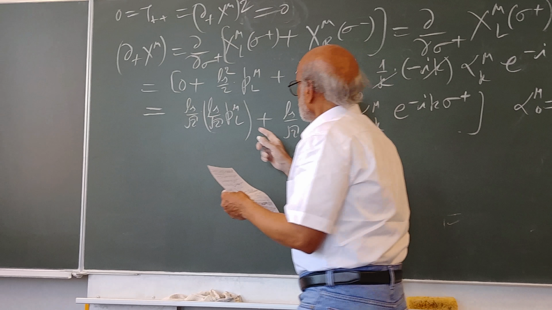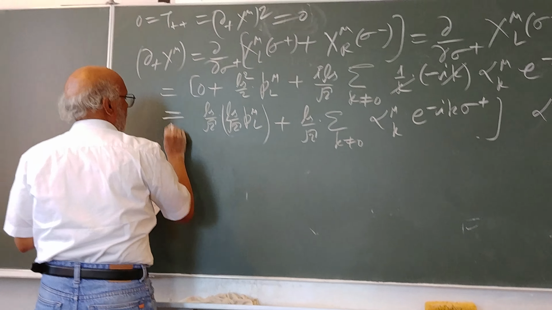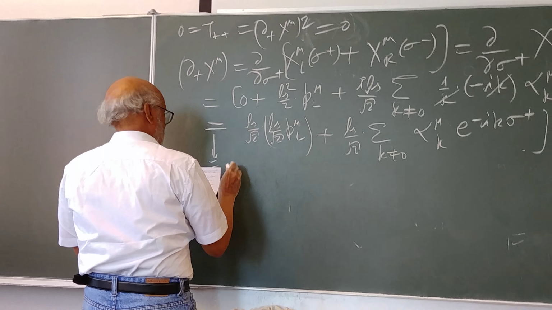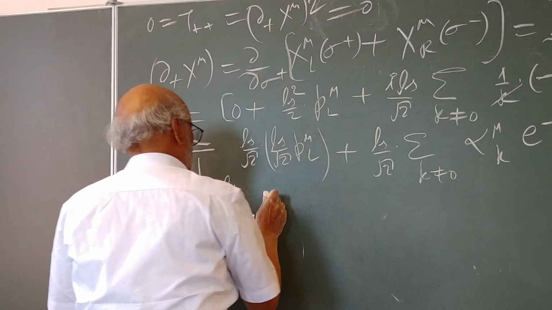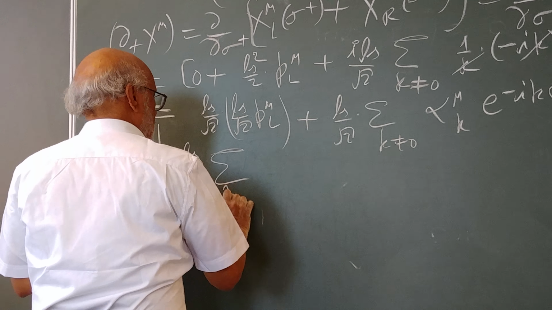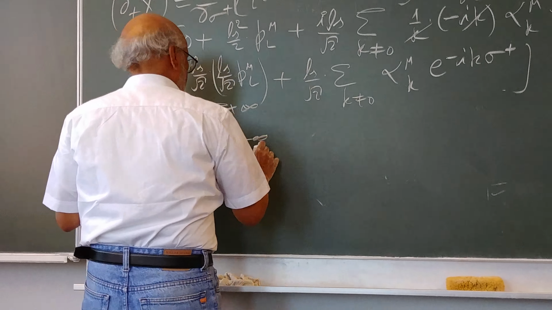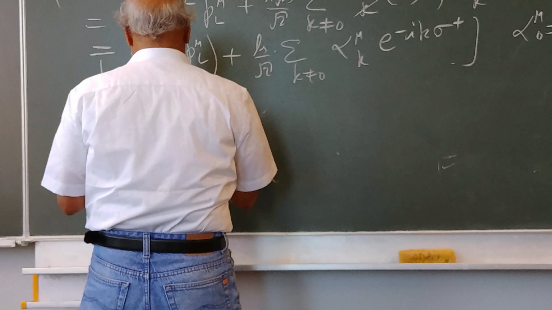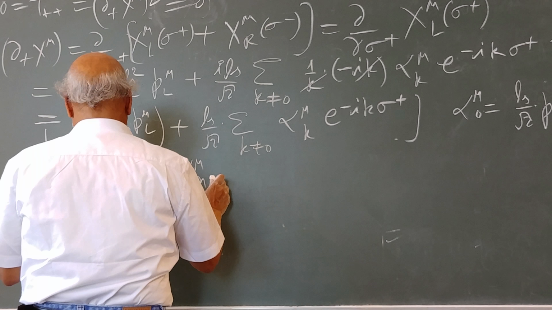So this we could absorb in this, and therefore we could write it as ls by root 2 into n going from minus infinity to plus infinity, and including n equals 0, alpha mu n.